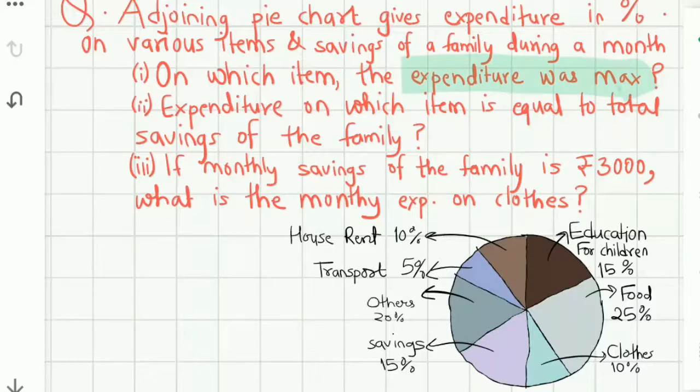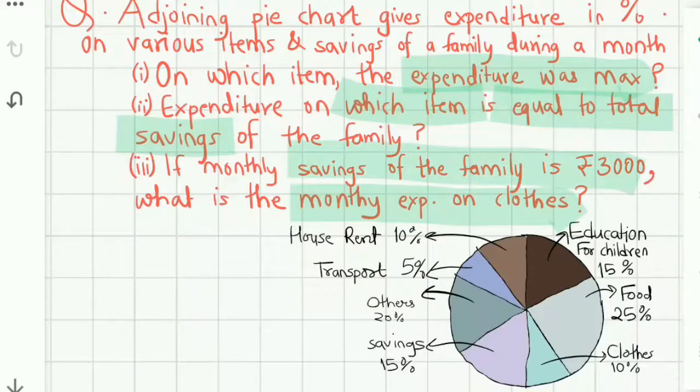Next, expenditure on which item is equal to total savings of the family. And third, if monthly savings of the family is 3,000 rupees, then what is the monthly expenditure on clothes?